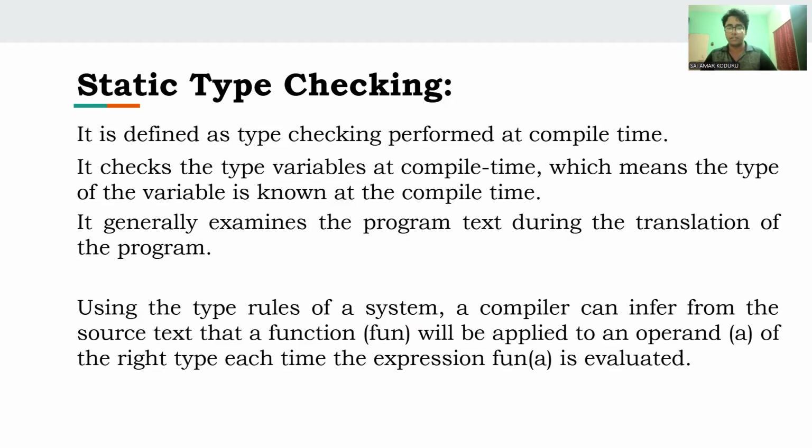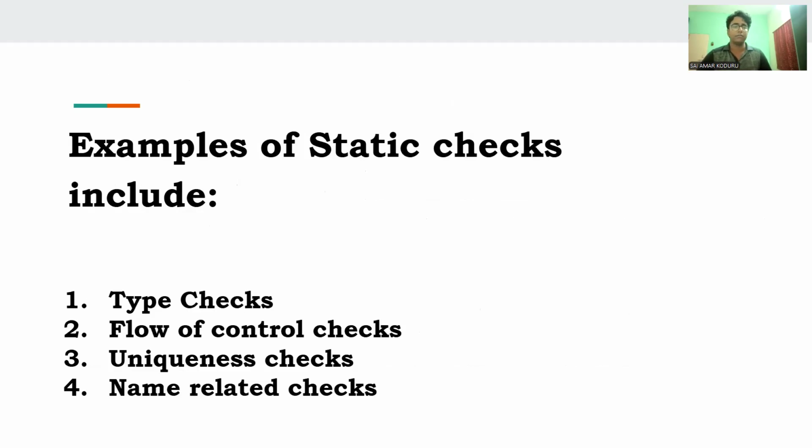Using the type rules of a system, a compiler can infer from the source text that the function will be applied to an operand, let's say A, of the right type each time the function fun of A is evaluated. As I've said before, during compile time, it will go through the block of code, and when there is an error, it will identify the error and modify it.